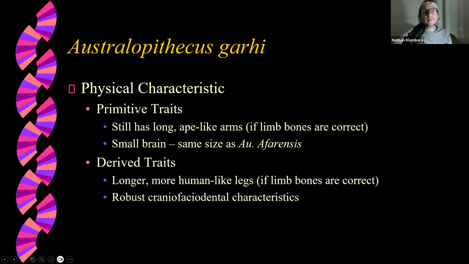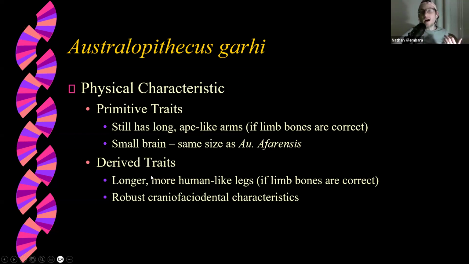Now, it still has some primitive traits. It still has long ape-like arms, if those limb bones are associated with the crania. Again, that's a big if. It does have a small brain, relatively the same size brain that Australopithecus afarensis had. However, it does have some more derived characteristics.